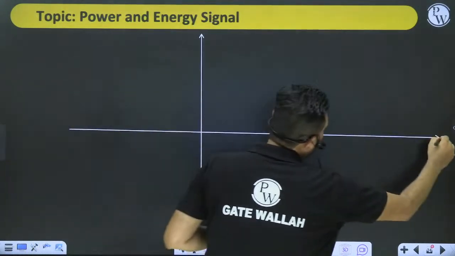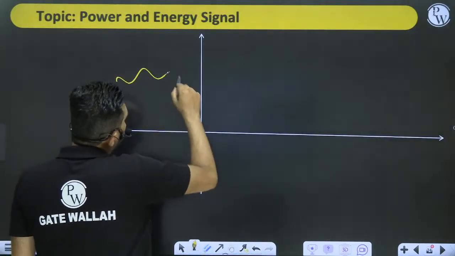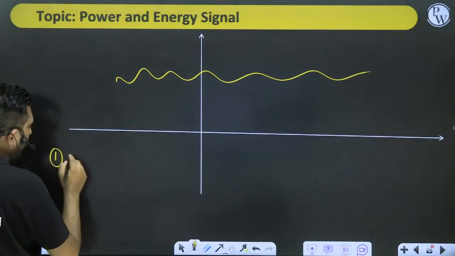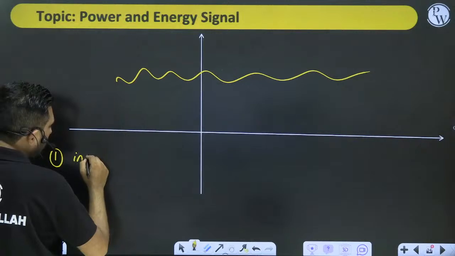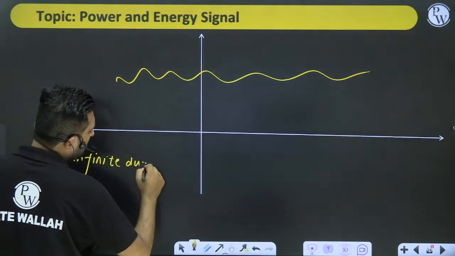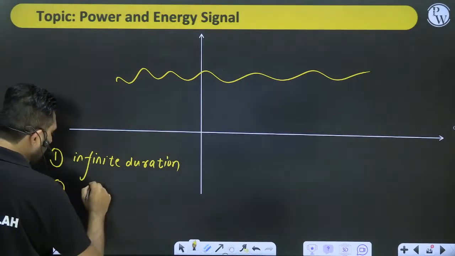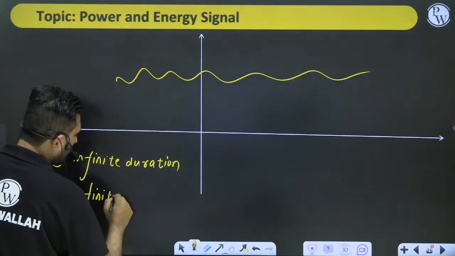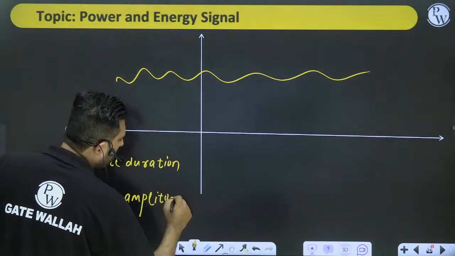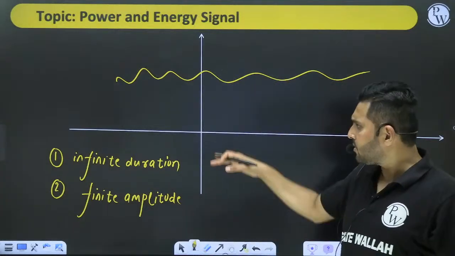Let us consider two characteristics of a signal as a whole.